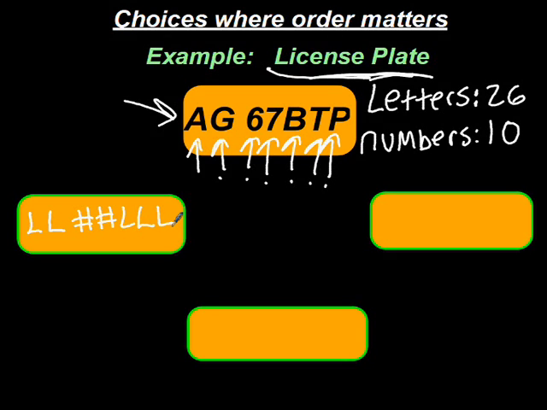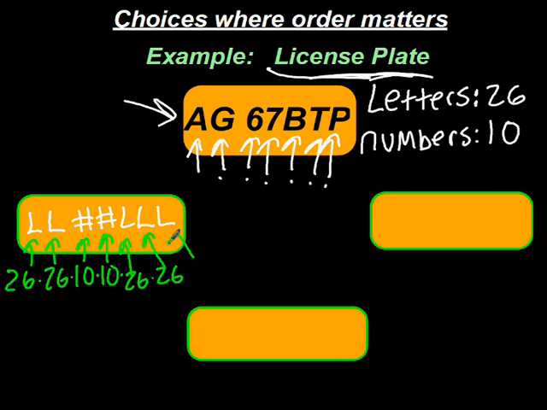We have 26 choices for letters, so for this slot I have 26 choices, in this slot also 26 choices, in these slots there are 10 different choices of numbers, and in the last three slots there are 26 letters each.